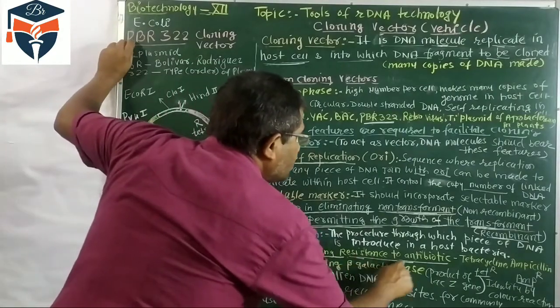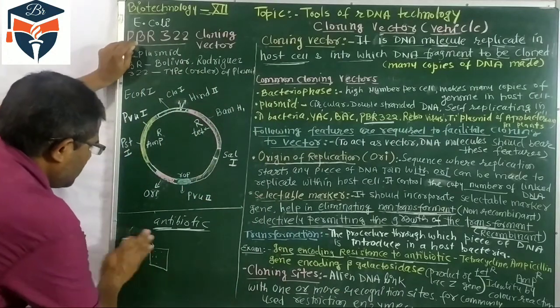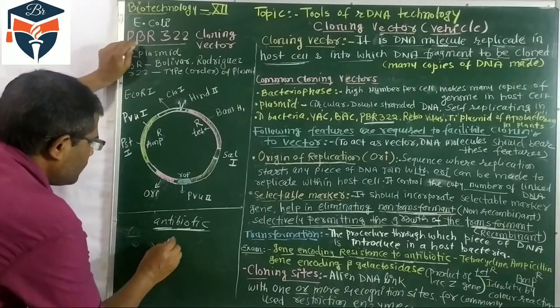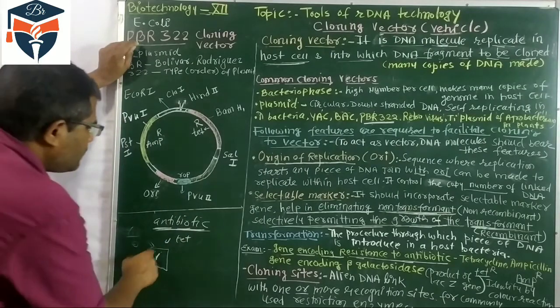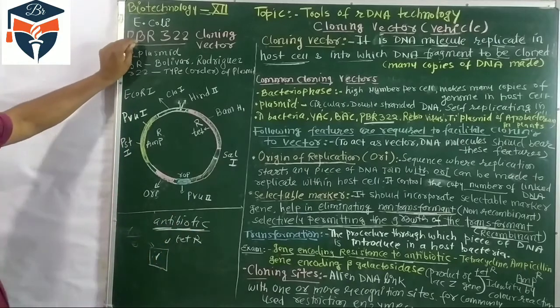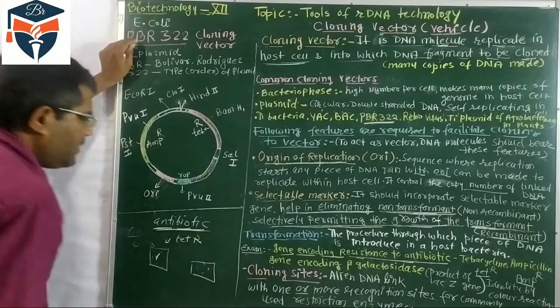So some genes are there, genes encoding resistance to antibiotics such as tetracycline. If there is a gene which is not affected by the tetracycline antibiotic, it is called the tetracycline resistant gene.